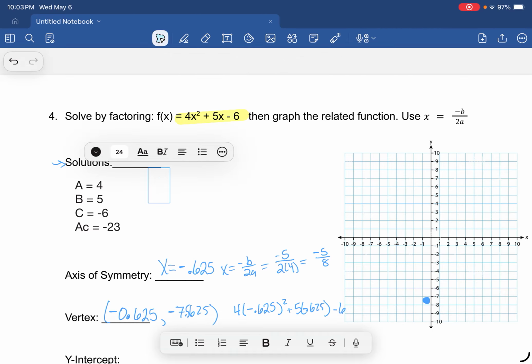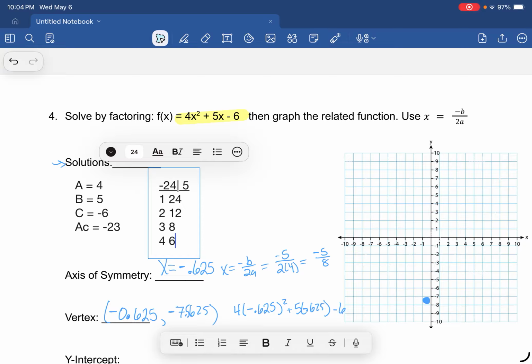So the numbers that multiply to -24 and add to 5: I'm going to have 1 and 24. 2 and 12. I'd have 3 and 8. 4 and 6. And I think that's everything.